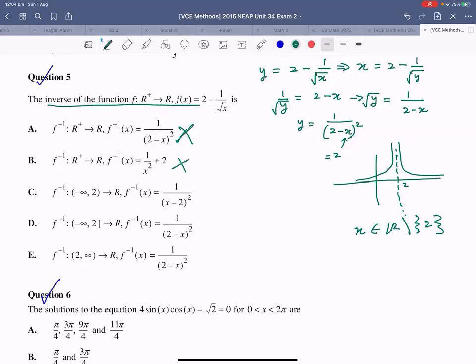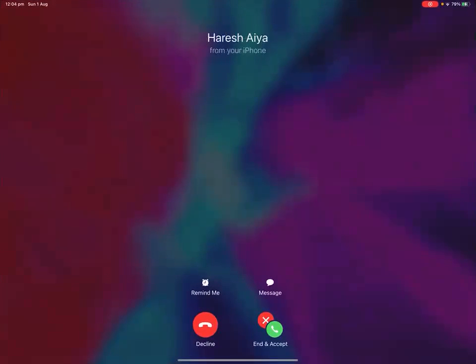Now you have to understand this given thing as well here. So R plus, 2 to infinity. So that means they are starting from 0.